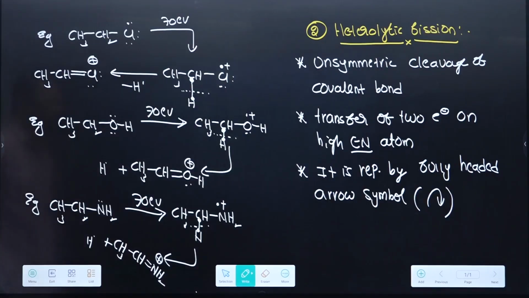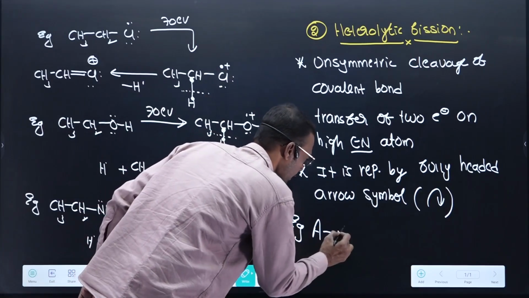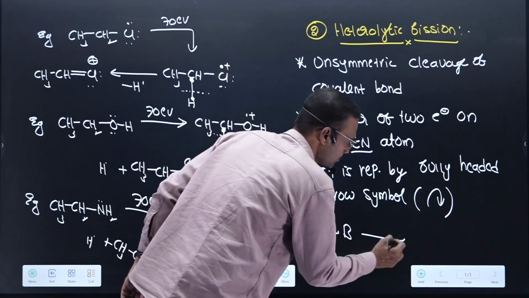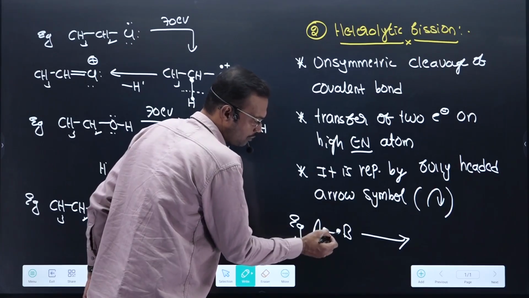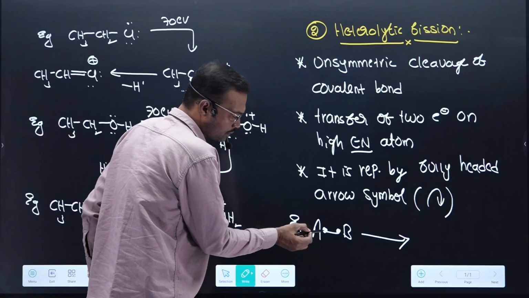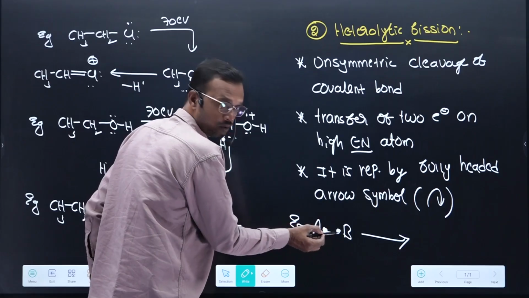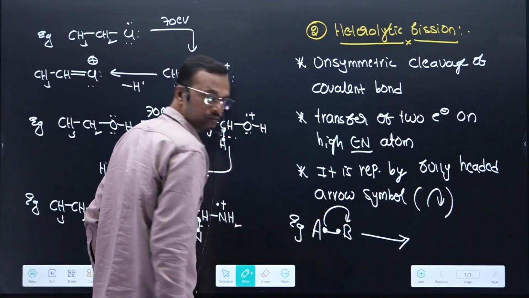The full-headed arrow is drawn between the two atoms, meaning we are transferring 2 electrons to one highly electronegative element. Suppose A and B undergo heterolytic fission. Initially A has 1 electron and B also has 1 electron. During heterolysis this electron is transferred to B.